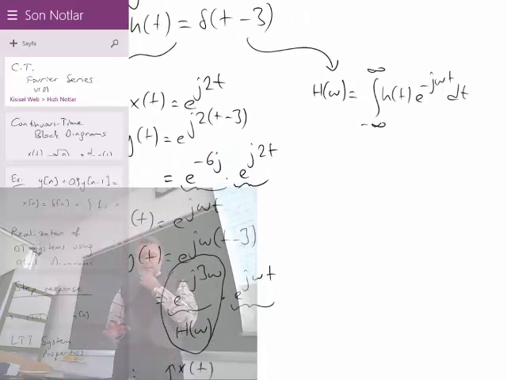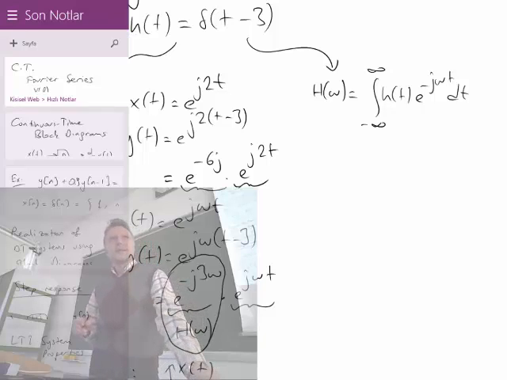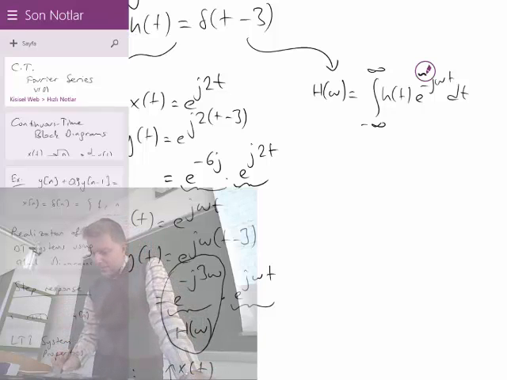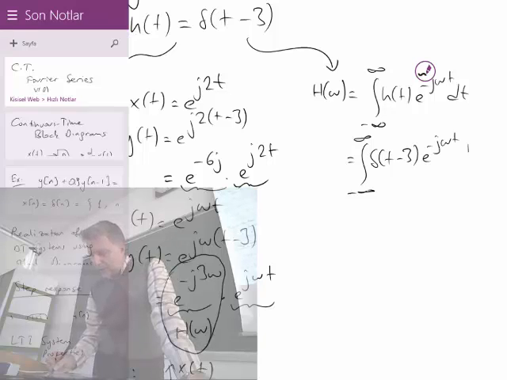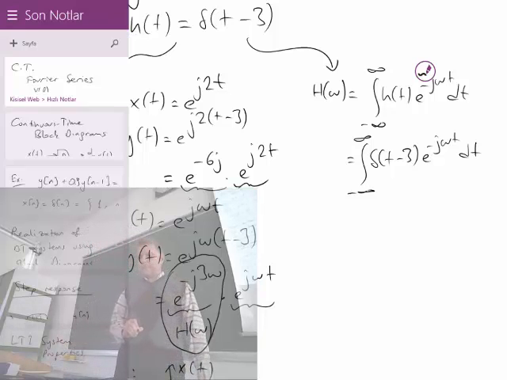Let's see if we can find e to the minus j 3 omega from this formula. Let's verify. From minus infinity to infinity, h of t is delta of t minus 3, times e to the minus j omega t dt. Alright.